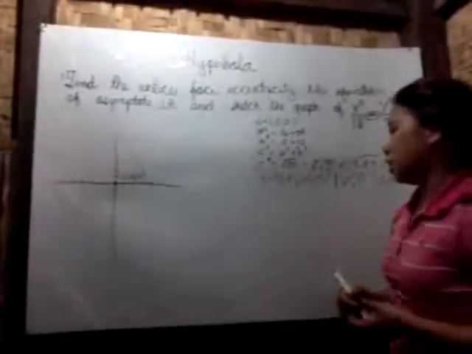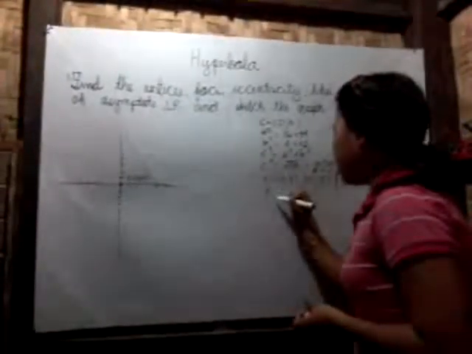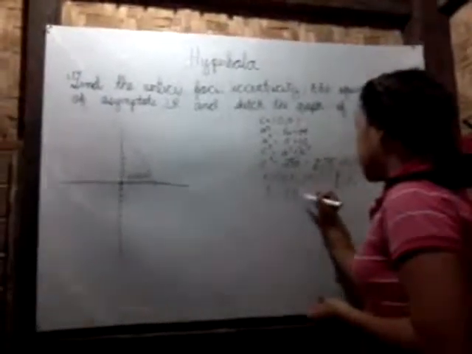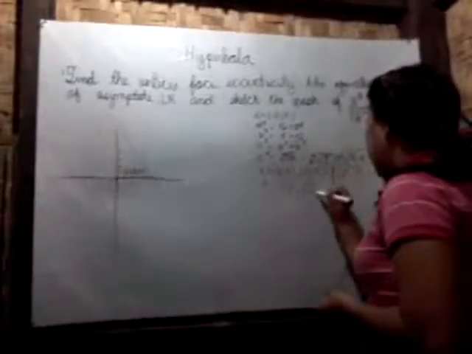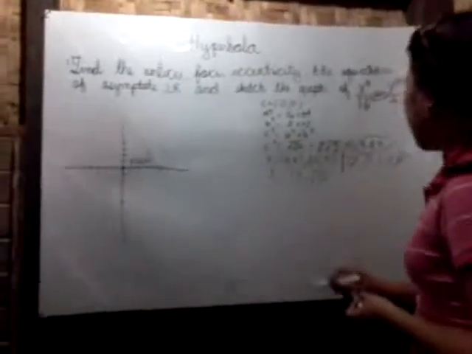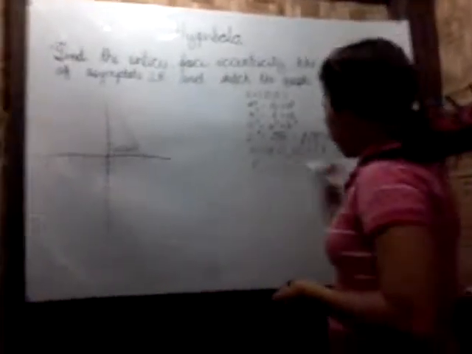So let's proceed to the foci. F1 here is (square root of 20, 0), and F2 is negative square root of 20. The square root of 20 comes from the c squared.